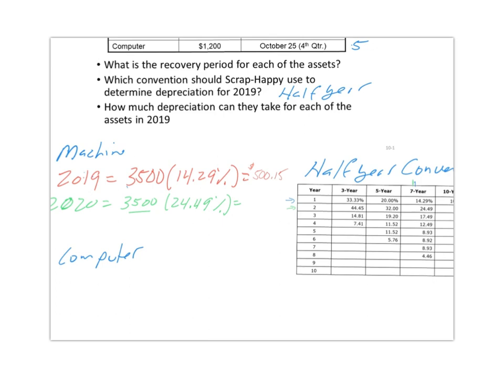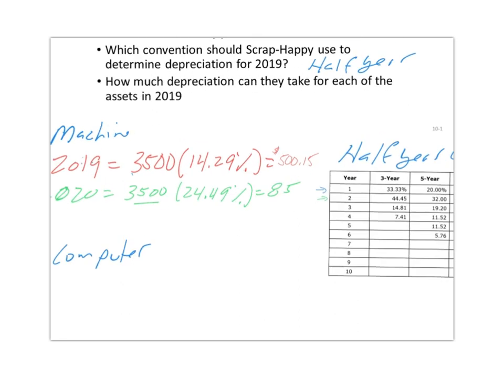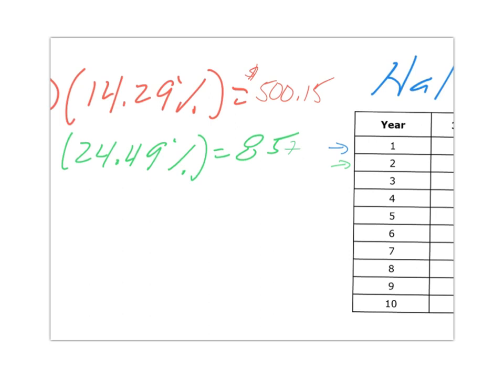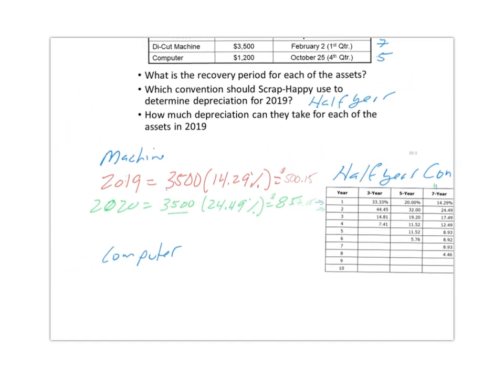And so the depreciation that we get to recognize in 2020 is $857.15. Now, you may be looking at this and wondering, okay, well, holy cow, why do we get to recognize so much more depreciation in 2020 than we get to recognize in 2019?